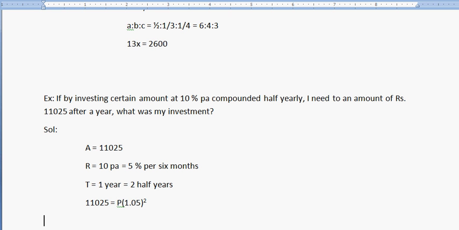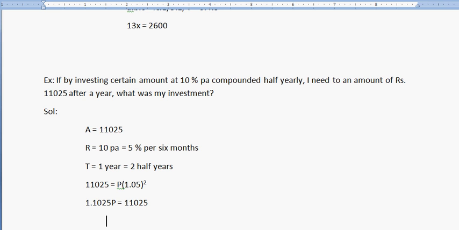So 1.05 multiplied by 1.05 would be 1.1025. P is equal to 11025 divided by 1.1025. Thus P becomes 10,000. So I invested 10,000 to get 11,025 rupees after a year if it is compounded half yearly and the time period is 1 year, right?